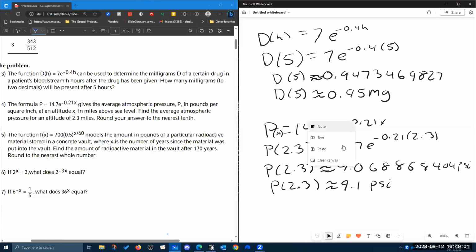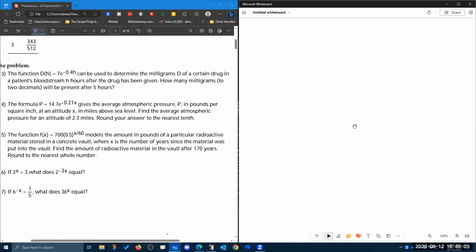Let's try number 5. The function f of x equals 700 times 0.5, that's the same thing as 1/2, to x over 60. This is probably a half-life problem. Yep, it is.